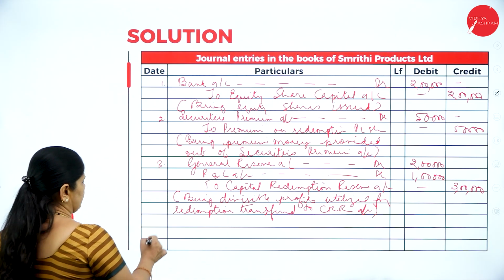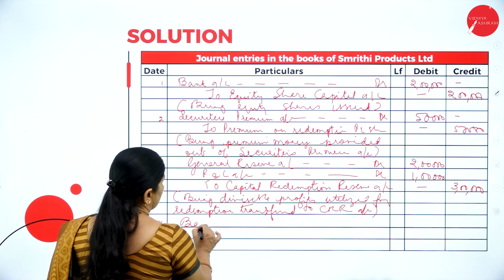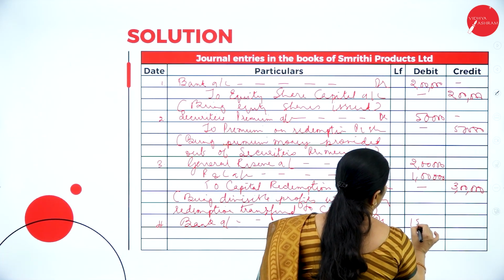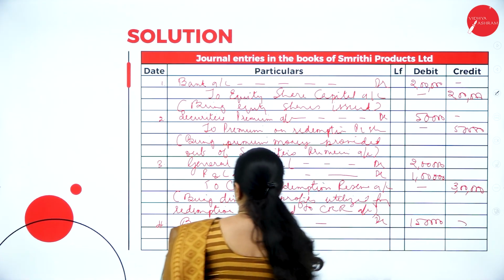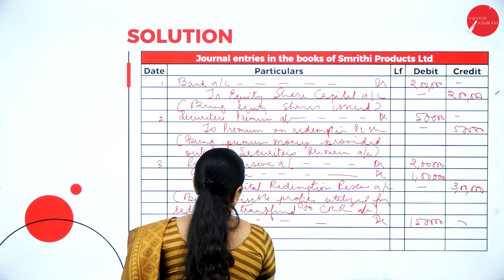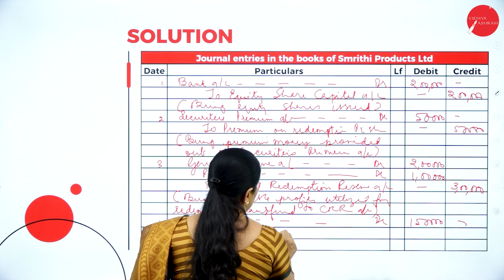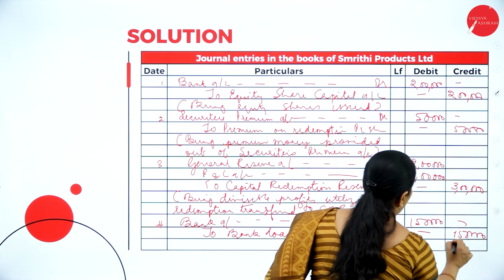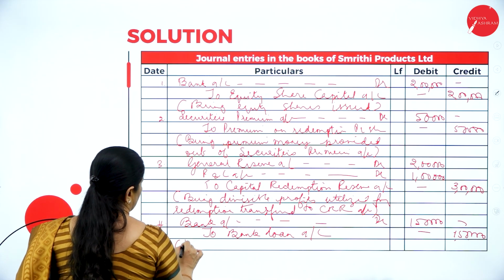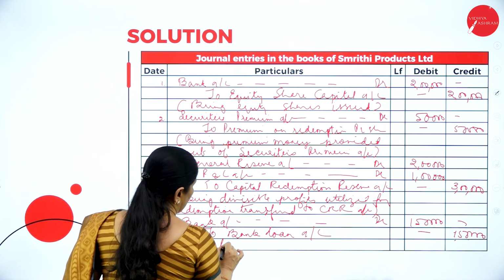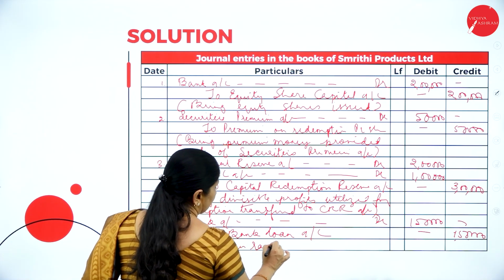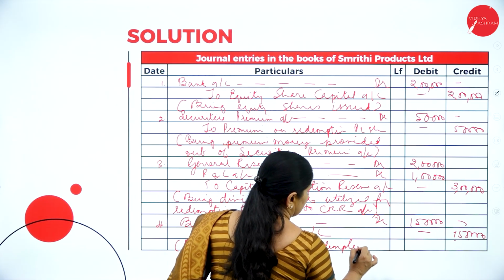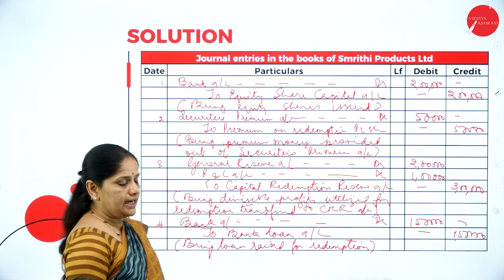So we will write: Bank account debit 1,50,000, to bank loan account 1,50,000, being loan raised for redemption.